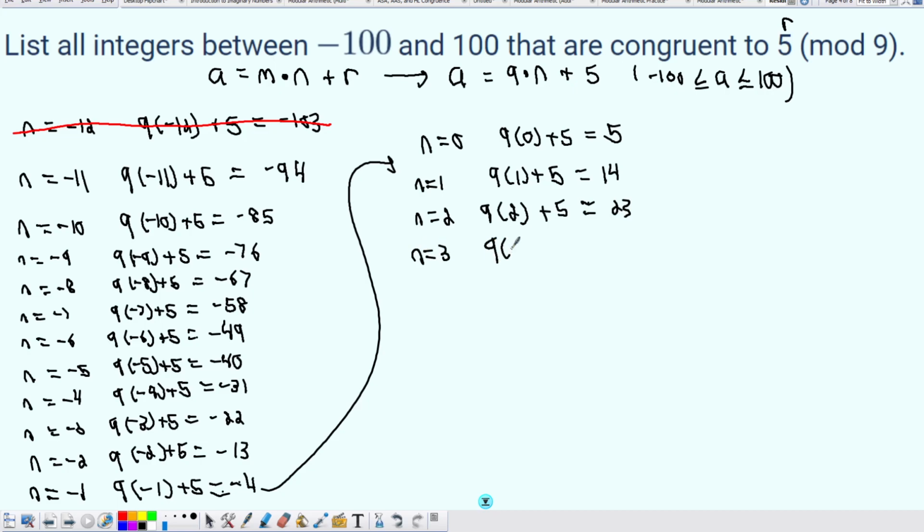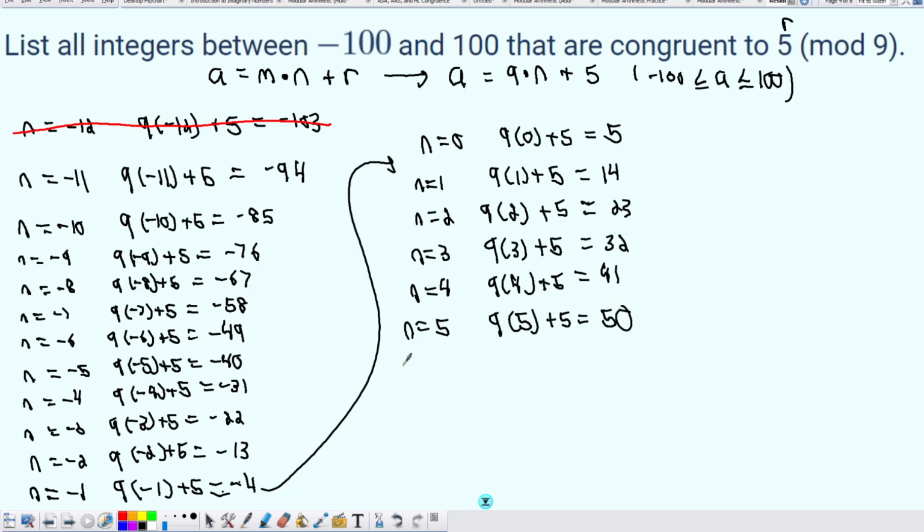So 9 times 3 plus 5 is 32. N is equal to 4. So 9 times 4 plus 5 is 41. N is equal to 5. 9 times 5 plus 5 is equal to 50.